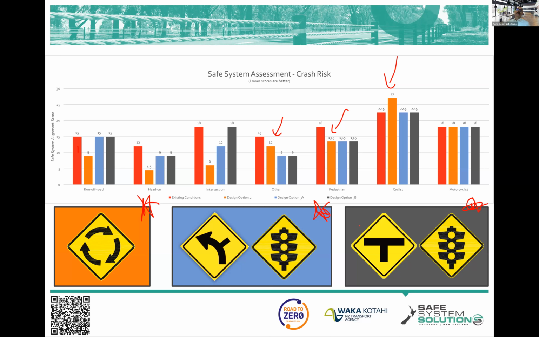So yeah, to a degree, and this is something a number of people have provided feedback to Waka Kotahi on, is that doing the safe system assessment, this part of a safe system audit, in post-construction is kind of pointless, because this is talking about fairly big picture changes to scope.